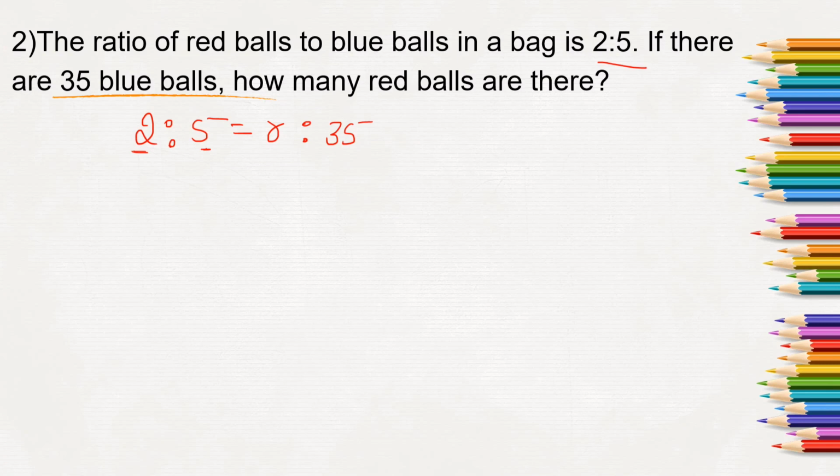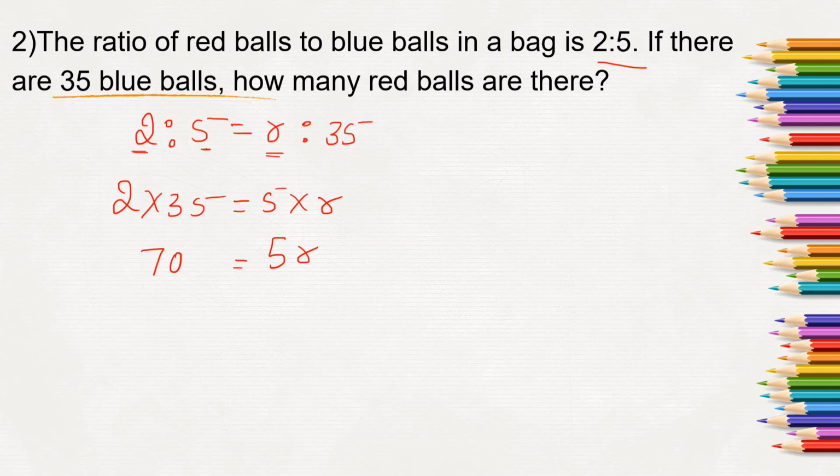Extremes are 2 into 35 and means is 5 into R. 35 into 2 is 70 and 5 into R is 5R itself.